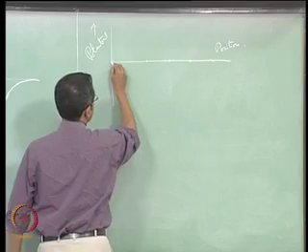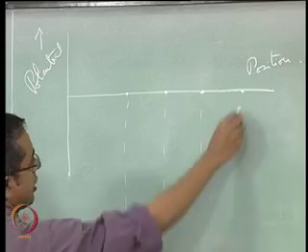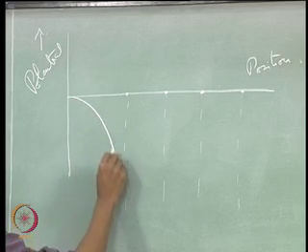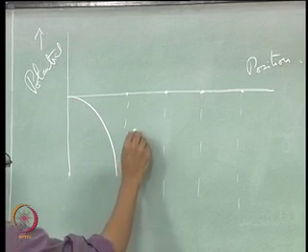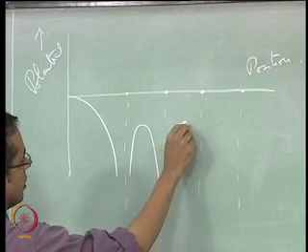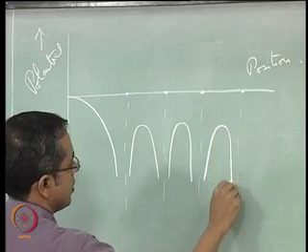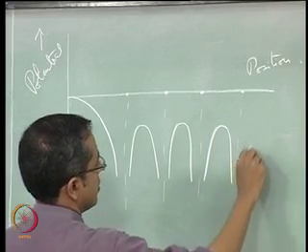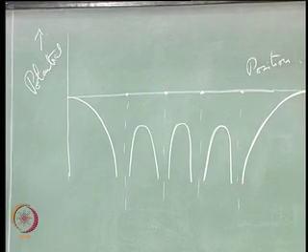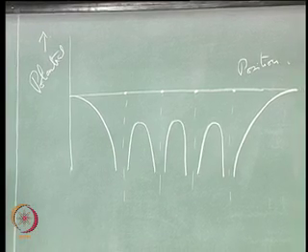So if you only plot the solid lines and not worry about these, which are just guidelines for our plot, we have a behavior that looks like this. So this is the potential versus position for this system that we are looking at, fine.